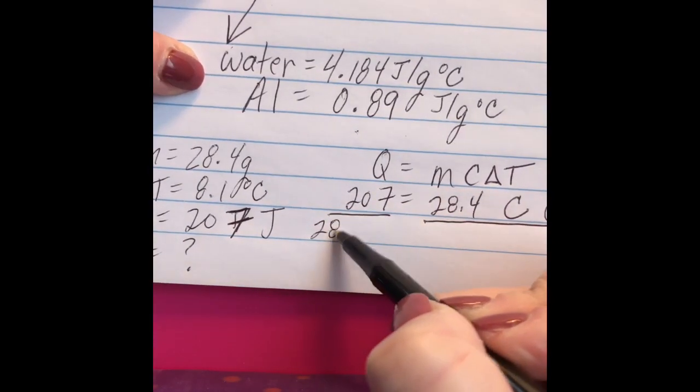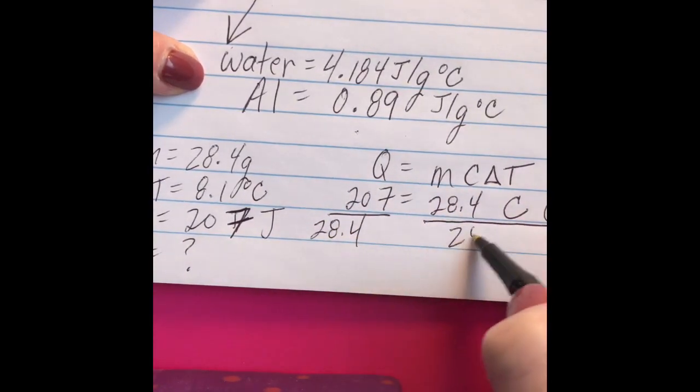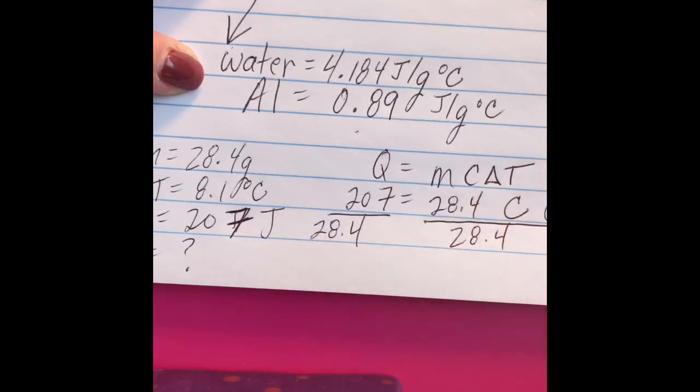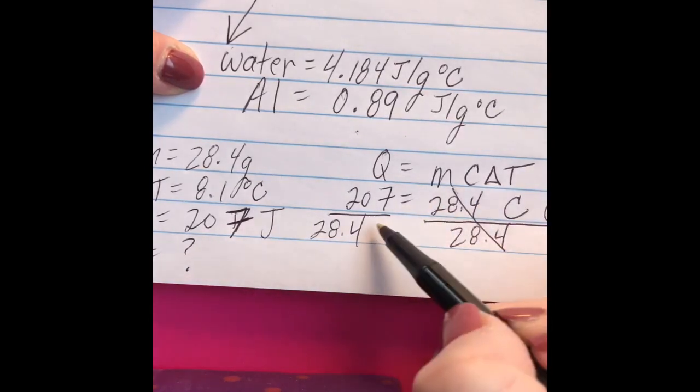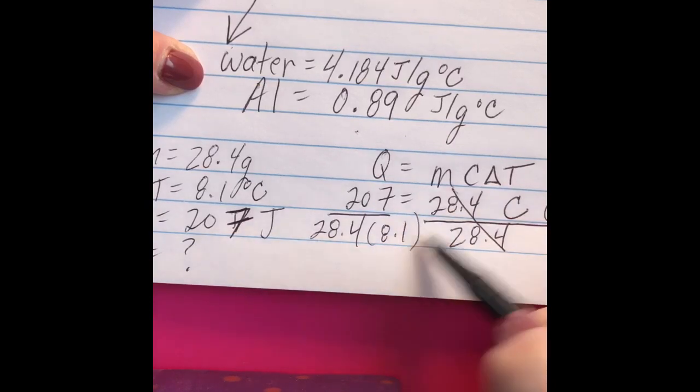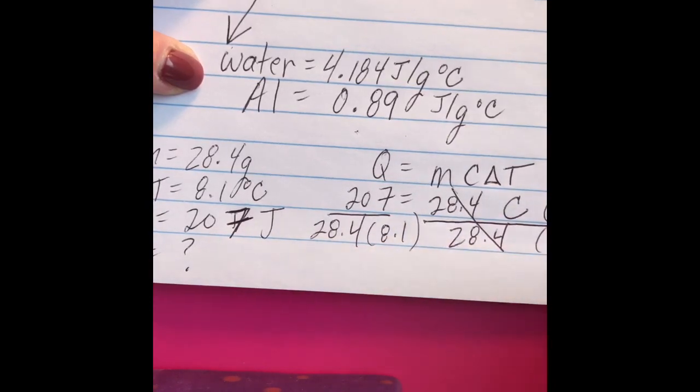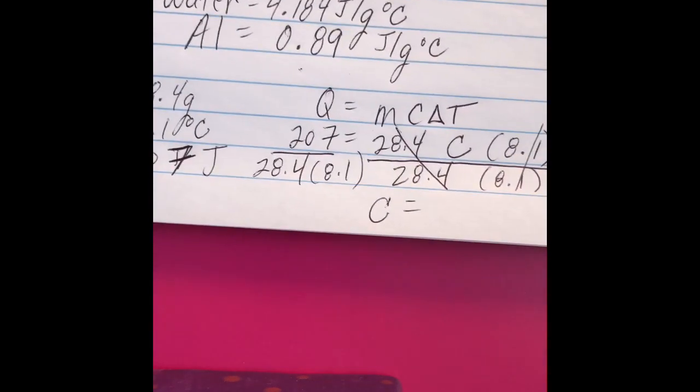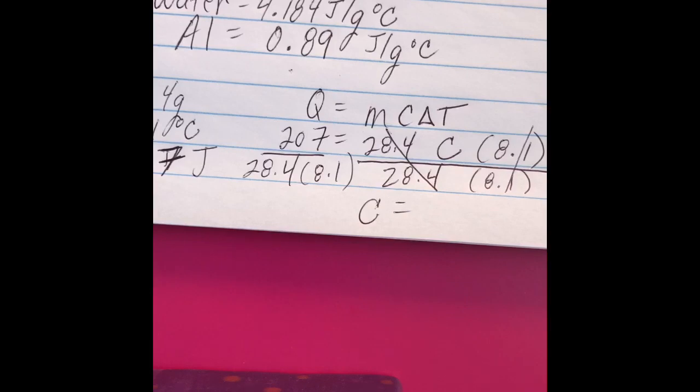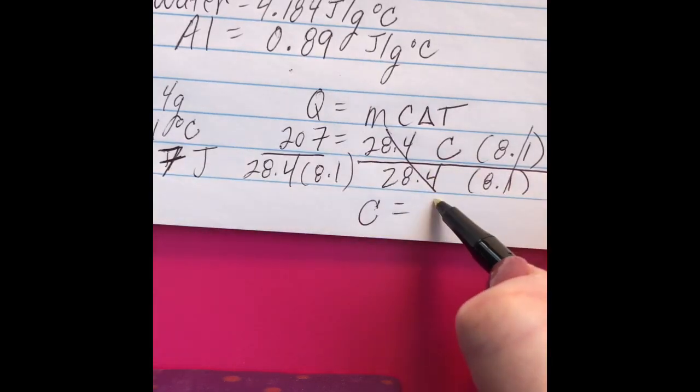Mathematically, you'll need to divide both sides of the equation by 28.4 and divide both sides by 8.1. In my calculator, I would type 207 divided by 28.4 and divided by 8.1.